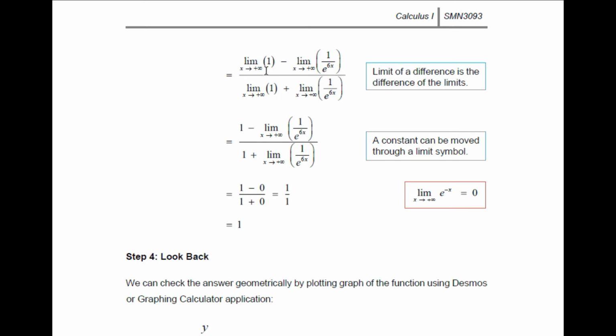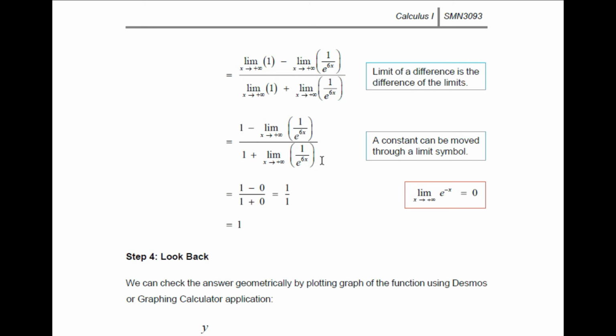And then we separate each term of the limit, where we can get limit 1 as x approaches positive infinity minus limit 1 over e power of 6x as x approaches positive infinity over limit 1 as x approaches positive infinity plus limit 1 over e power of 6x as x approaches positive infinity.